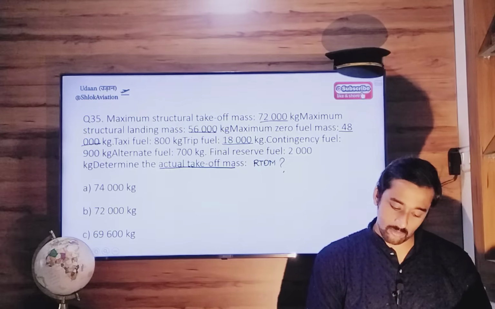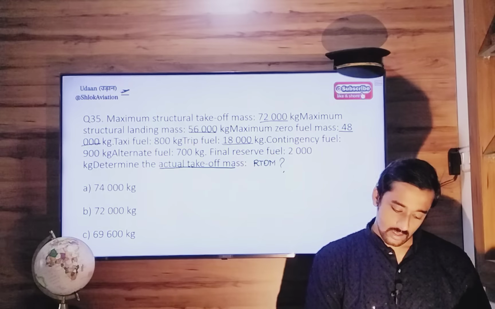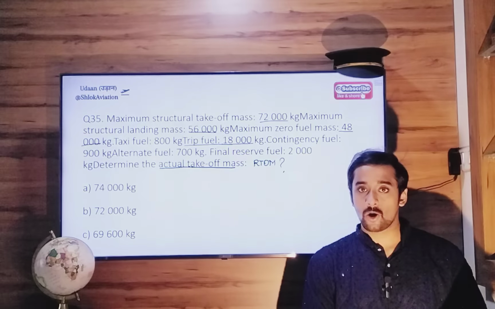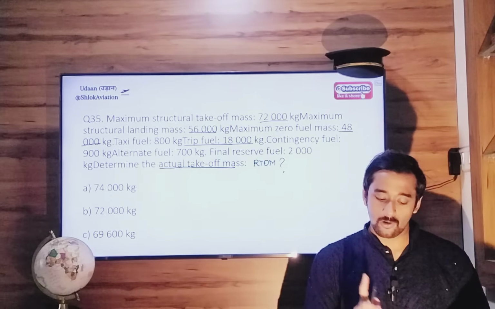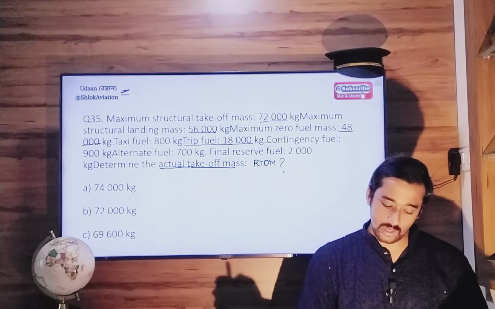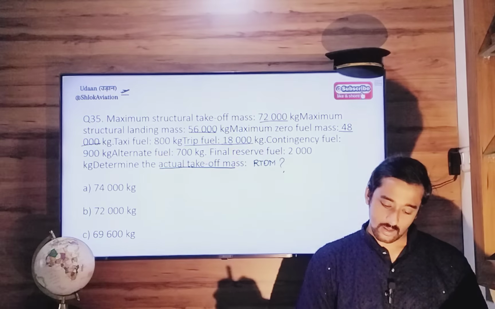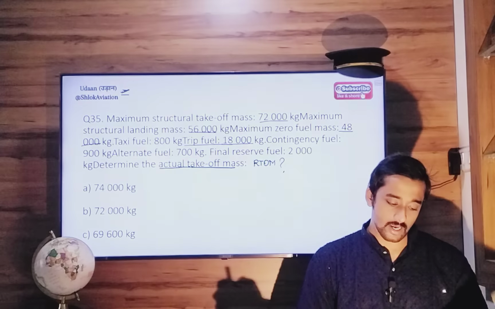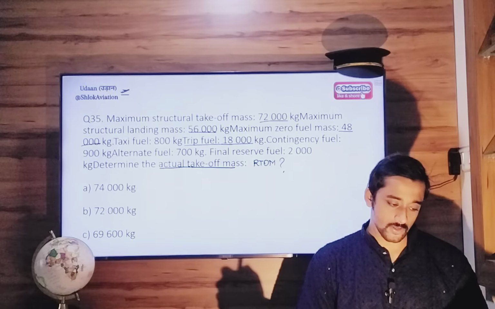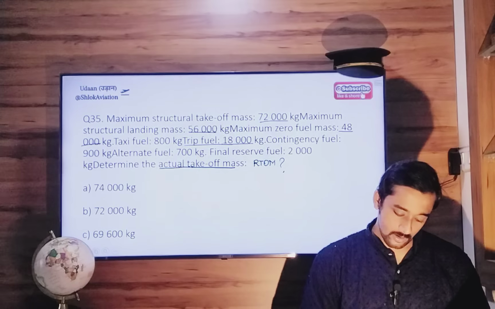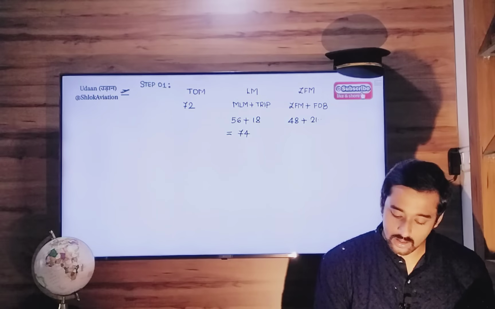Takeoff fuel or fuel on board is trip fuel. So takeoff fuel will exclude taxi fuel. Apart from taxi fuel, we are going to add trip fuel 18,000, contingency fuel 0.9, alternate fuel 0.7, and final reserve fuel 2,000. So takeoff fuel is 21.6.